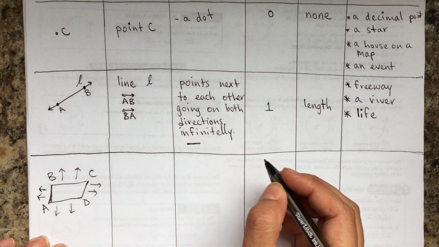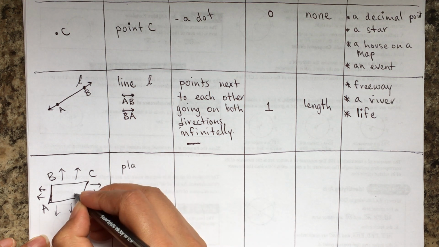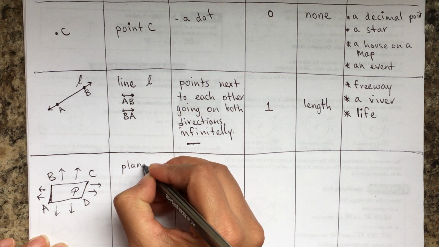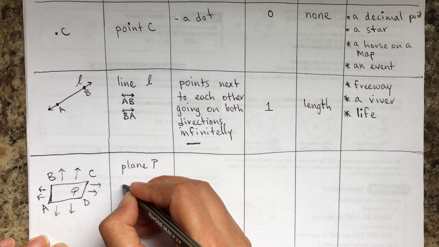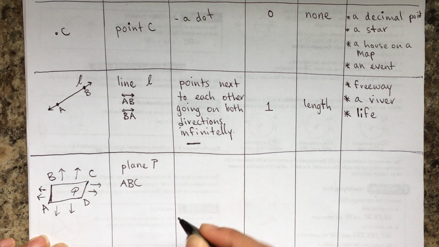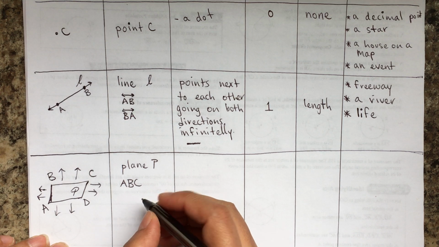Okay, so we can call it plane, or let me put in here maybe something like this, plane P, or we can call it plane ABC with 3 letters. It means plane ABC.